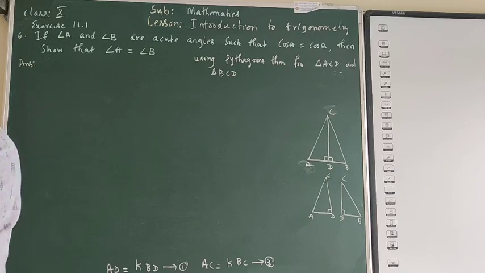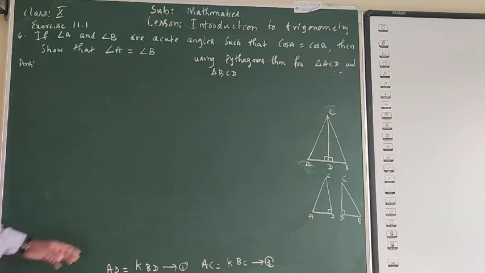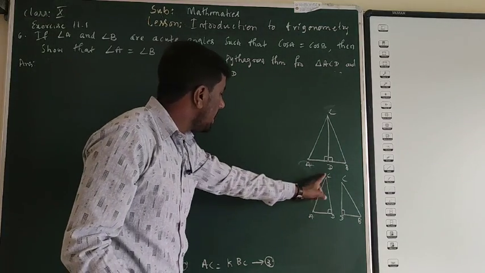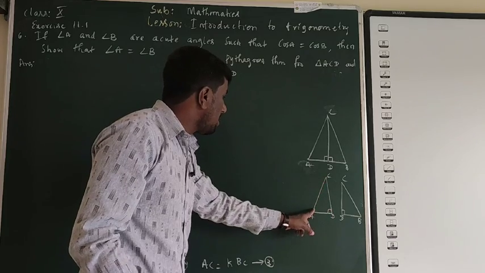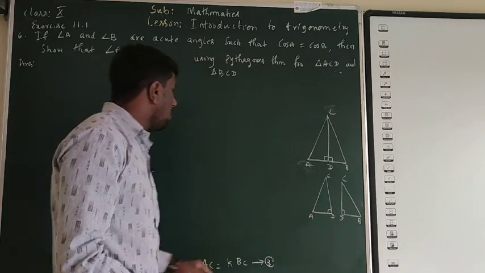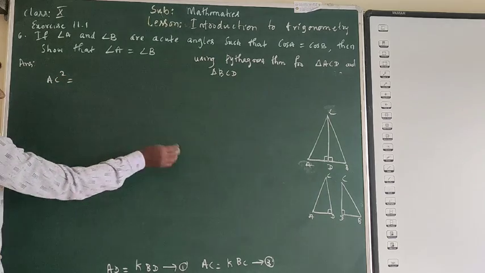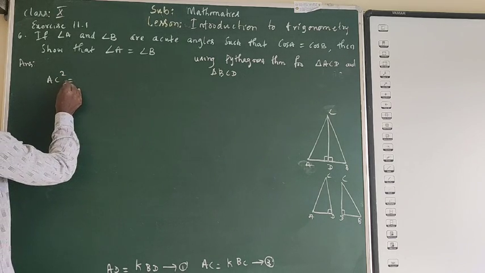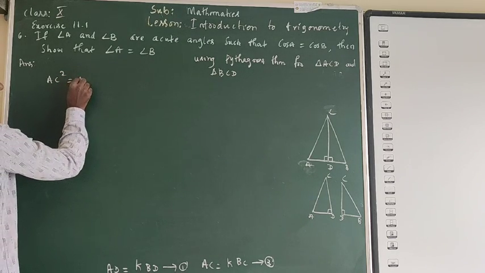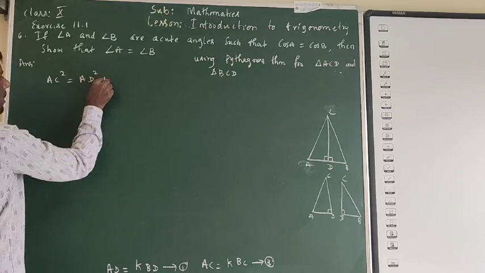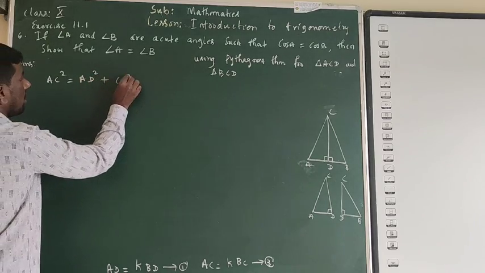So I'll be using the Pythagoras theorem for triangle ACD. This is the hypotenuse side. So AC square is equal to AD square plus CD square. Correct?